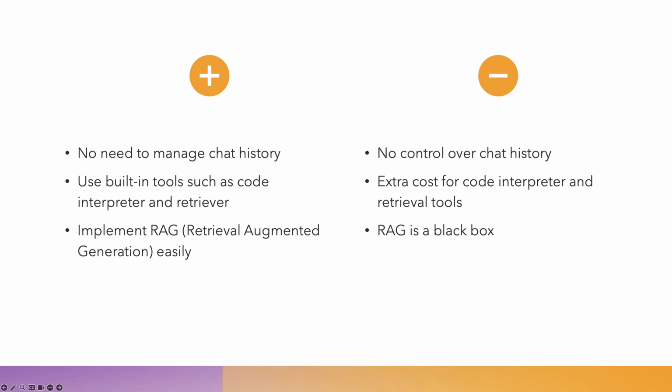RAG is of course also a black box. If you've ever created RAG applications, you know that for some use cases, you have to do some optimizations at how you implement splitting, for example, on your documents. And you cannot really control how that is done in this API.